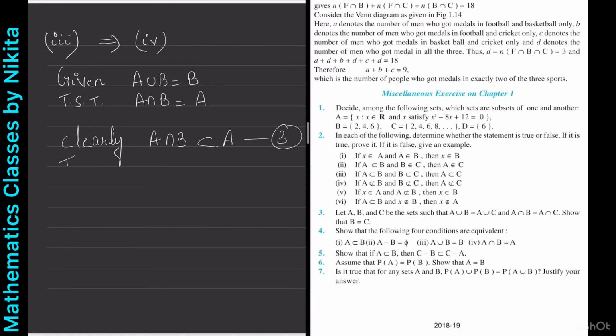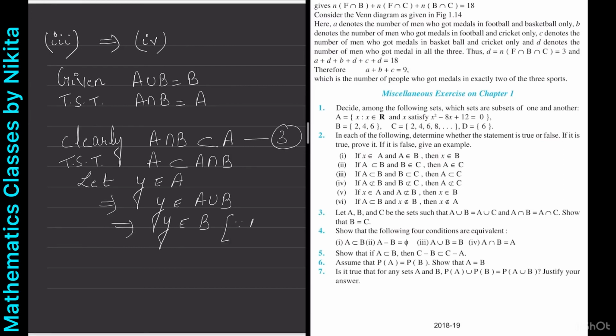Now we have to show that A is contained in A intersection B. So let us start with any element Y. So let Y belong to A. So this implies that Y belongs to A union B. Okay. अगर y a के अंदर है तो y a यूनियन b के अंदर भी होगा, क्योंकि a यूनियन b के अंदर a के भी सारे एलिमेंट्स होते हैं और b के भी सारे एलिमेंट्स होते हैं. And this implies that y belongs to b because it is given that a union b is equal to b.